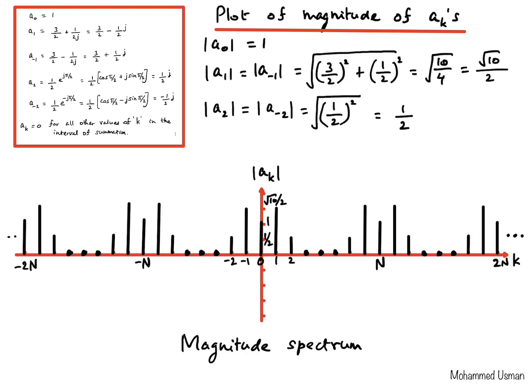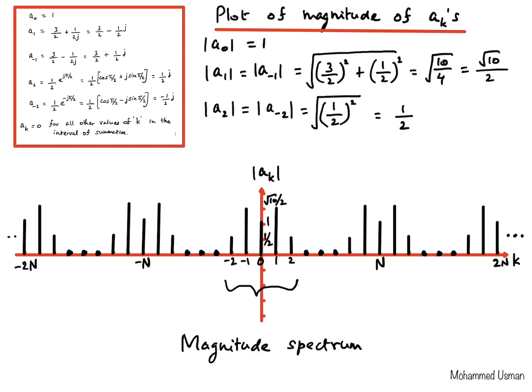Root 10 is just over 3, so just over 3 by 2, just over 1.5. So it's here, that's root 10 by 2 for 1 and minus 1. And for a2 and a minus 2, the magnitude is half, so we have it at a height of half. That's one set of these Fourier coefficients, which we will mark like this.